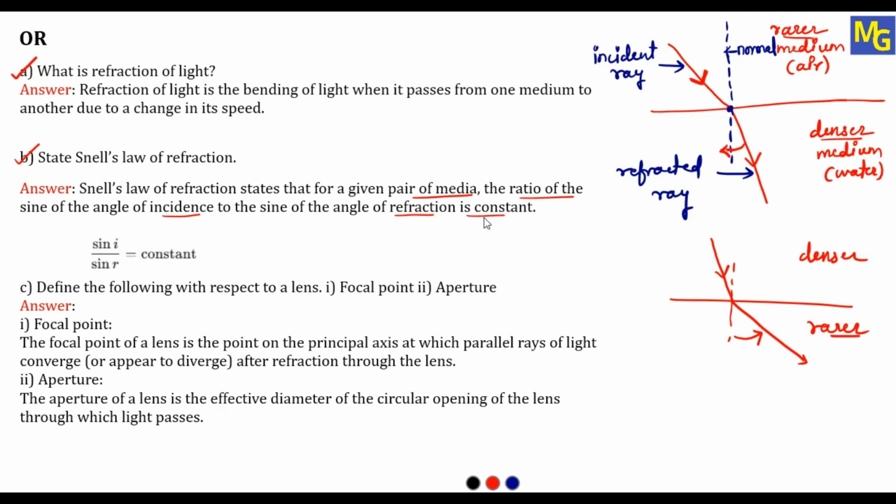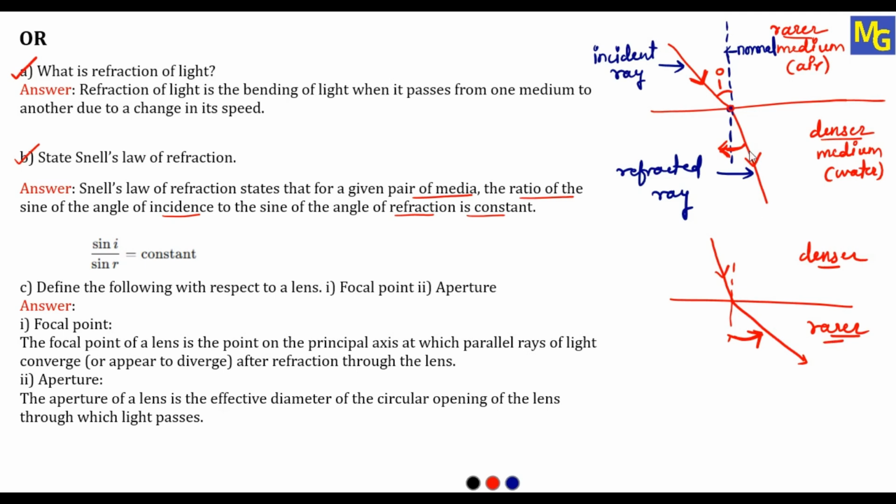So remember, here also, in case of refraction, when the incident ray strikes the point of incidence, it makes an angle with the normal. This angle is called the incident angle. After bending, once the ray enters the other medium, it may bend towards the normal like this when it is entering from rarer to denser, or it may bend away from the normal like this when the light enters from denser to rarer.